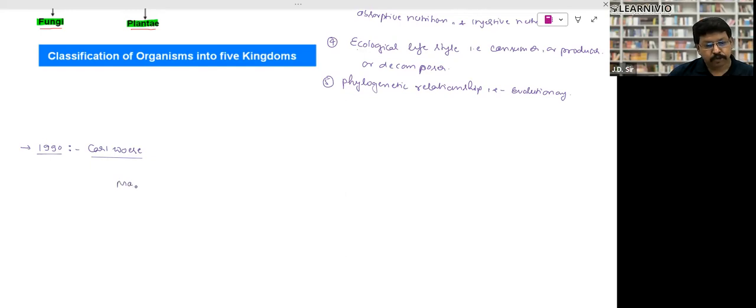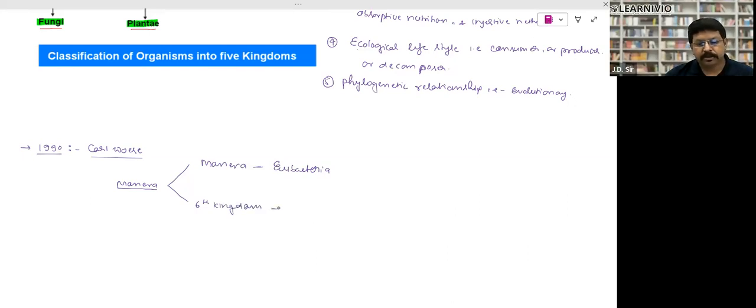Monera should be divided into 2 kingdoms. One should be Monera, and in Monera there should be only Eubacteria. And there should be a 6th kingdom.